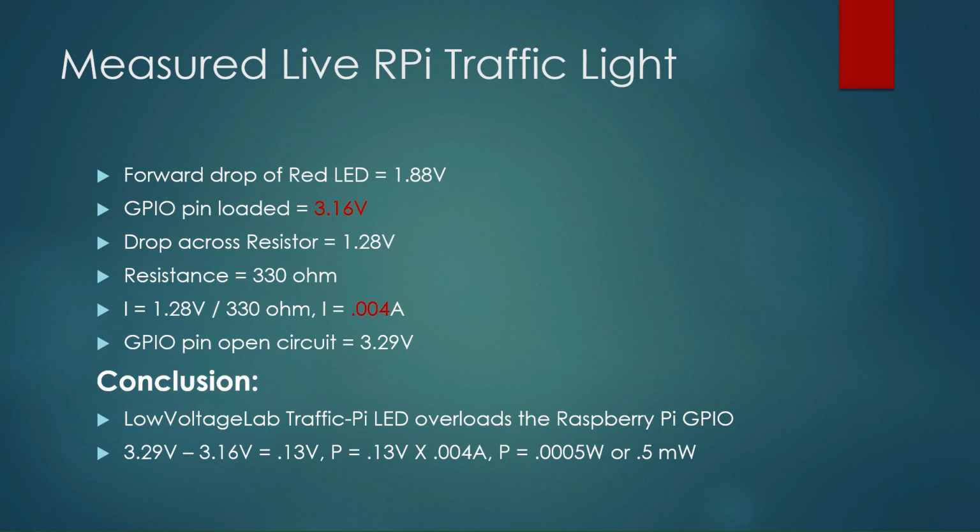That's how much power we're dissipating in the junction that pulls down that pin. And how long the Raspberry Pi could operate under that overload condition, I don't know. However, I wouldn't operate the Raspberry Pi under that loading condition for very long.